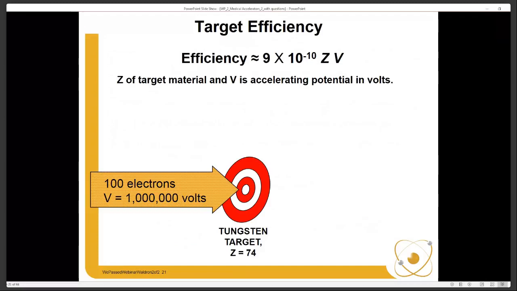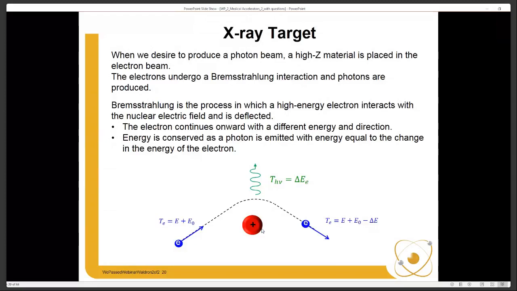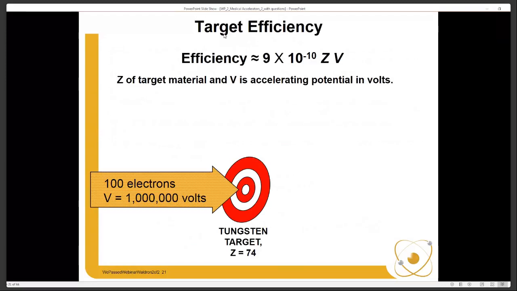Target efficiency. Hopefully, obviously, if we want to have lots of interactions, we want a very high Z material as our target. If I want a very efficient target, I have this formula, which you can find in Khan: efficiency in general is 9 times 10 to the minus 10th times Z times V, where Z is the Z of the target material, and V is the accelerating potential in volts.